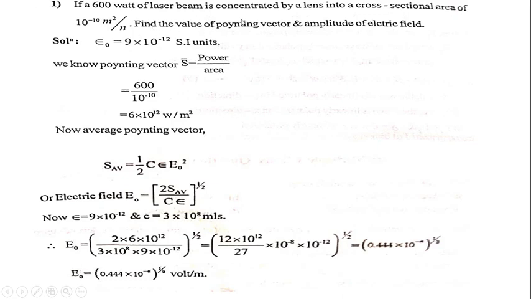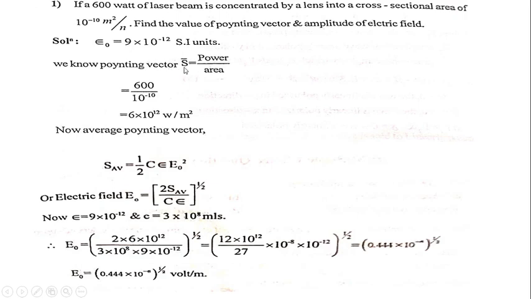Find the value of Poynting vector and amplitude of electric field. Now epsilon 0 is equal to 9 into 10 raised to minus 12 in SI unit.